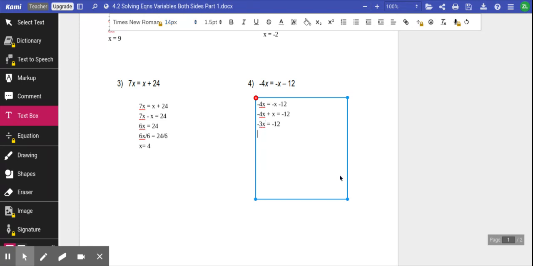To get x by itself, we have to divide by negative 3, because that's the number in front of the x, and the negative 12 by negative 3. Two negative numbers will cancel out to be positive, so it will be x equals negative 12 divided by negative 3, which is 4.